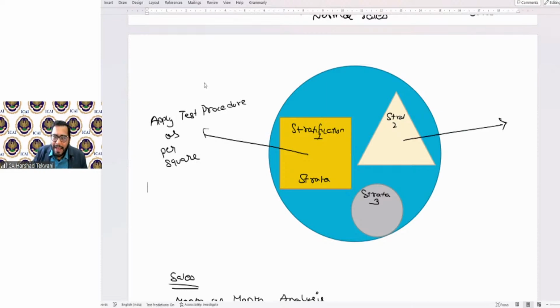I'll consider this as a second population, and I'll apply procedures as per the triangle. And then the rest, plus this, I can consider as a third strata, and I can apply the testing procedures that I was supposed to apply to a circle. This is how I can do it on a stratification basis.